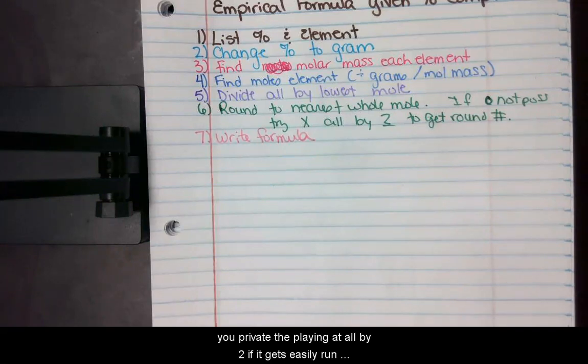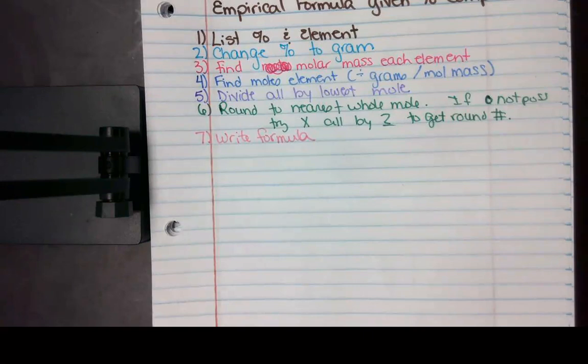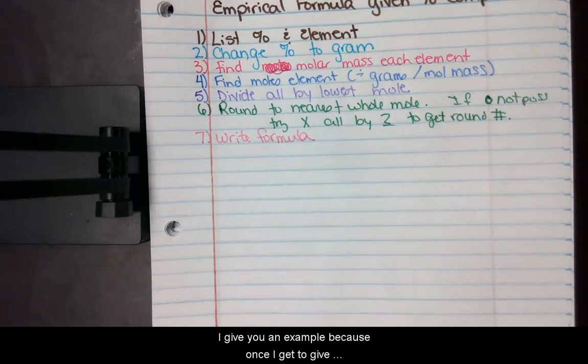So we say you try multiplying it all by 2. If it gets easily roundable numbers, those are the numbers you use. Sometimes you have to multiply all by 3, but you always start with 2, and then you write your formula. It'll make so much more sense when I give you an example. Because once I give most people an example, it's like, oh wait, I totally see it now.